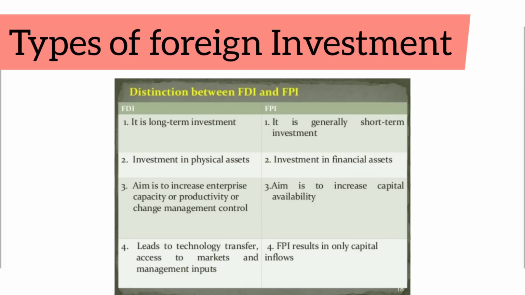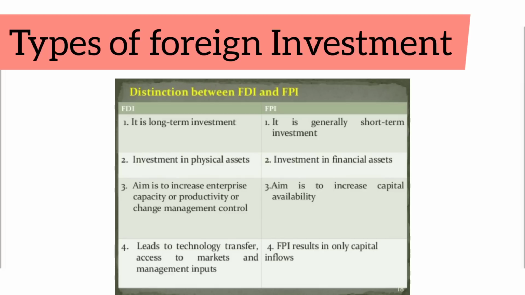Whereas in foreign direct investment, he usually thinks long term, and he does not think of just getting profit from the business, rather he himself thinks as the owner of the business and manages the whole business. Whereas in portfolio investment, he only works with a short term motive, earning money by selling the shares at a higher rate and getting profit from it. So this is the main difference between foreign direct investment and foreign portfolio investment.